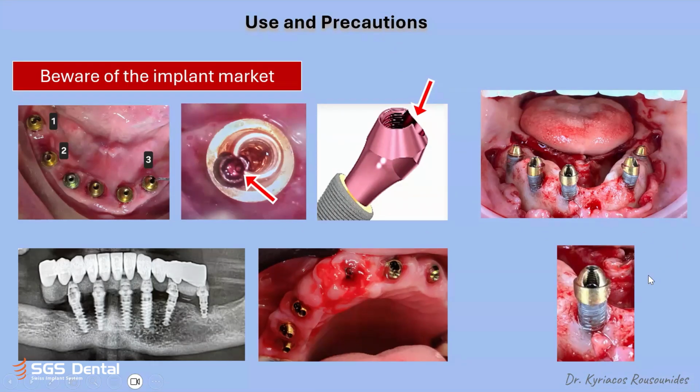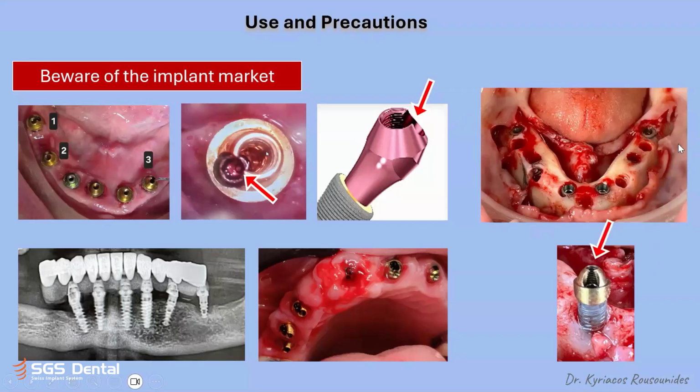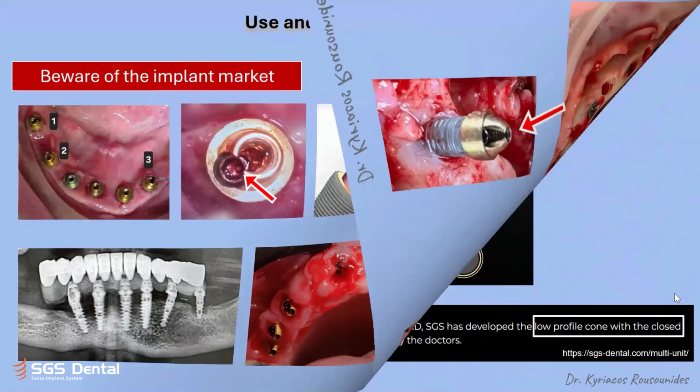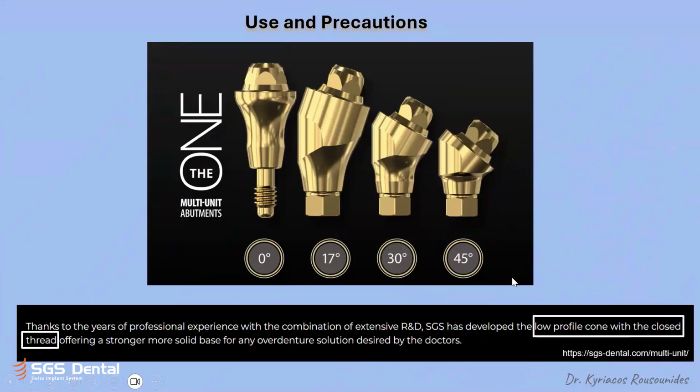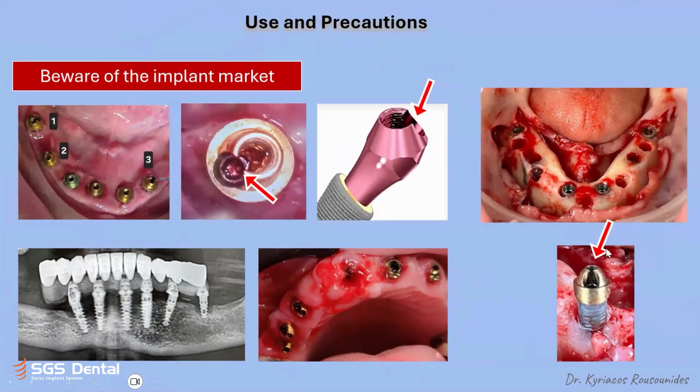You can see here the open thread, and this is less than a millimeter, and you can see what problem it caused. And these are the parts that we use today, the one multi-unit abutments from SGS. They have a low profile and the closed thread. This is very important. And this is what we actually need, seeing these cases.